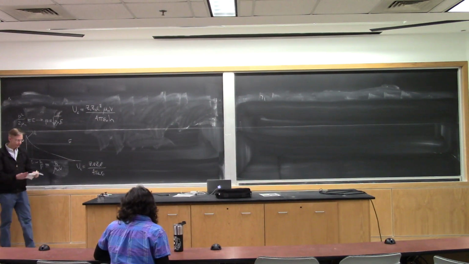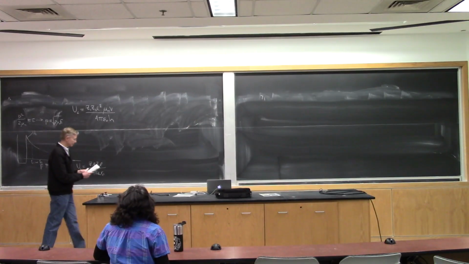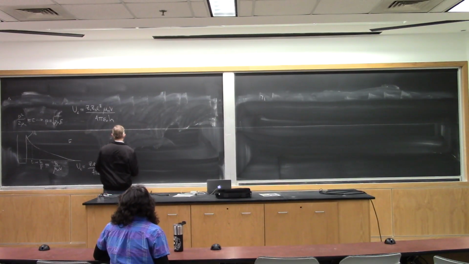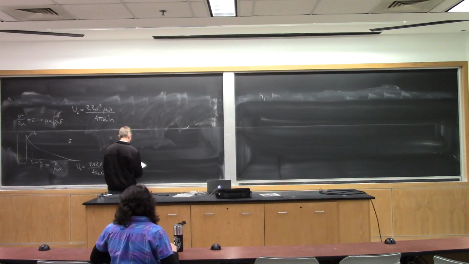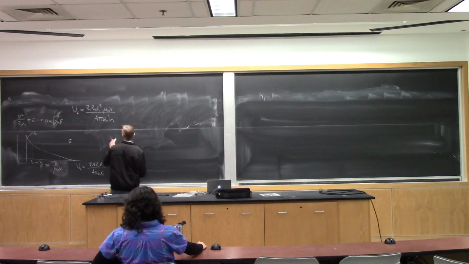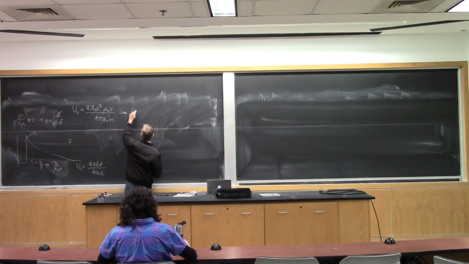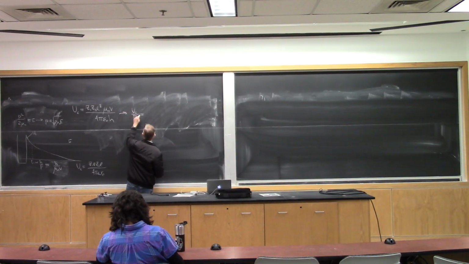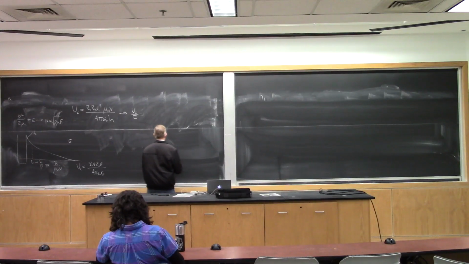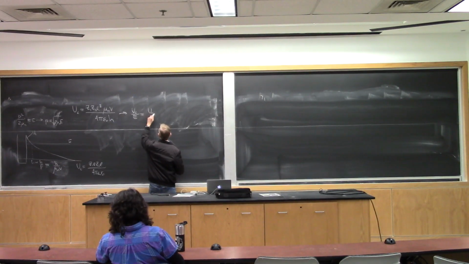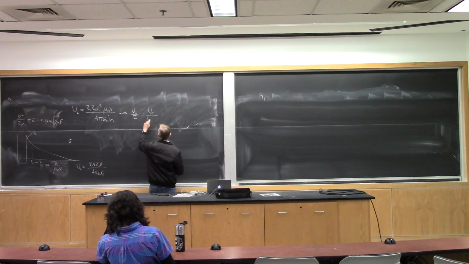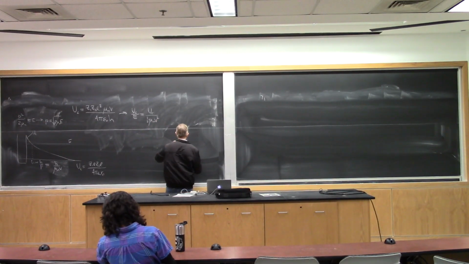Okay, so then we say that UC over E is therefore UC over, if we do things in terms of the velocity, 1/2 mu sub m v squared.